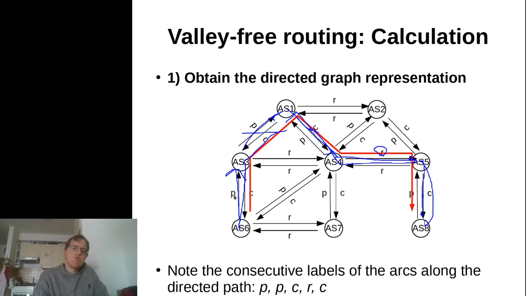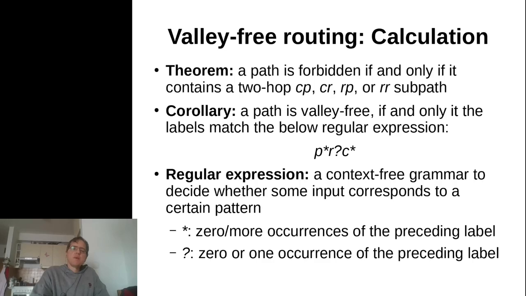So if we enumerate all the labels along the directed path and write them one after the other, we get the succession of labels P, P, C, R, C. We're going to use this little string P, P, C, R, C to decide whether a path is a forbidden path or a feasible path, and the theorem that we use to decide on this is the following.